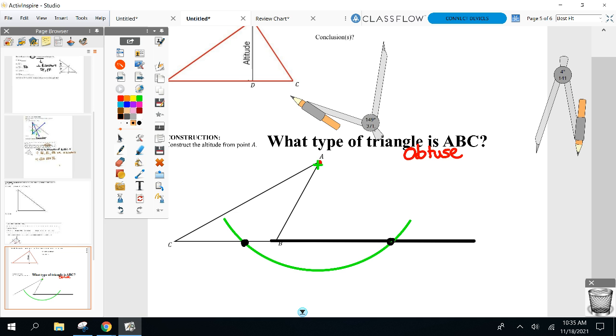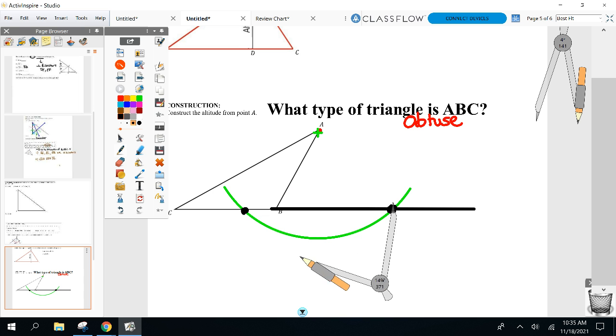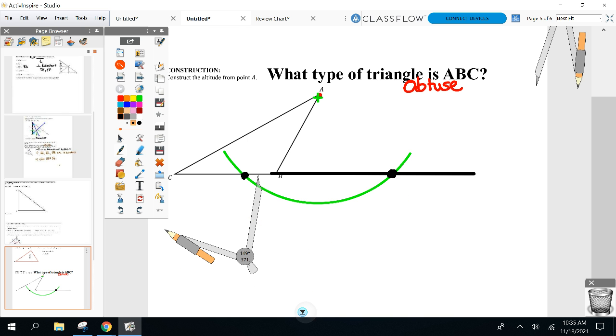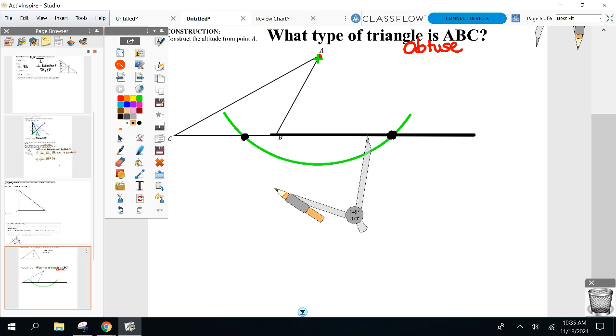And then go from each point of intersection that you had, those 2 points we needed, and make 2 more arcs below your first one that intersect each other. So I grab my compass, I'll put it on either point of intersection right now, doesn't matter. I just want to make sure these last two arcs intersect each other. So maybe some of you may need to open up your compass a little wider. It's up to you. But I need two arc marks that are going to intersect each other.